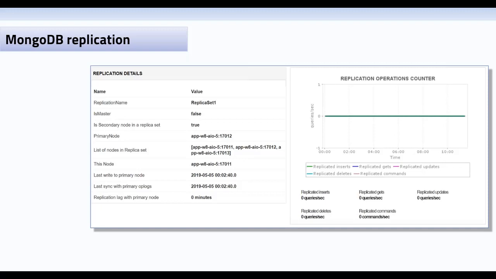So to monitor these replication stats, that is, how many of these operations have been replicated, let us take for example replicated inserts here. So how many queries per second have been processed, and if you see an unusual spike in any of these metrics, you know you will have to get all hands on deck and start troubleshooting them for performance problems.